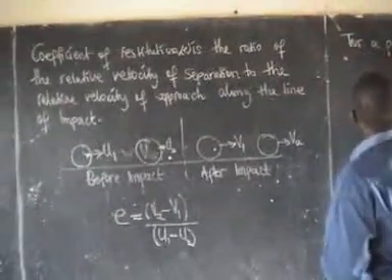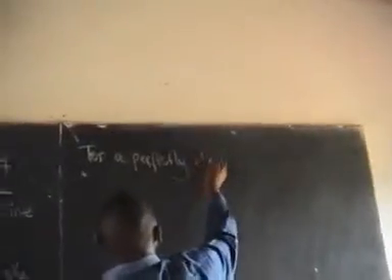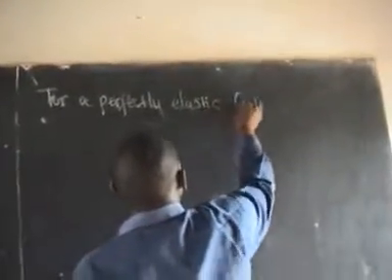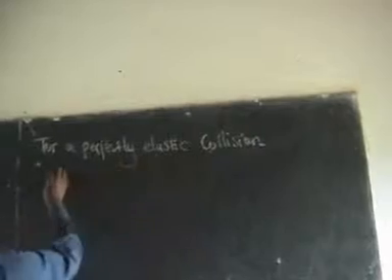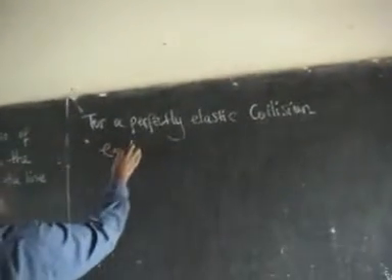Now for a perfectly elastic collision, E is equal to 1.